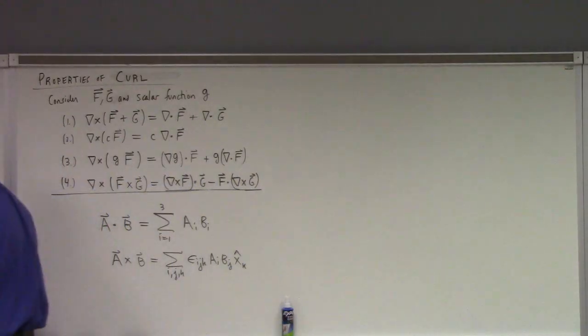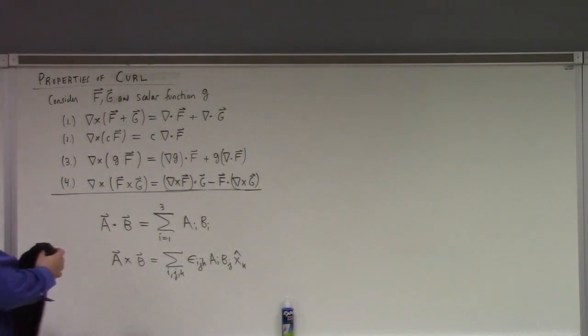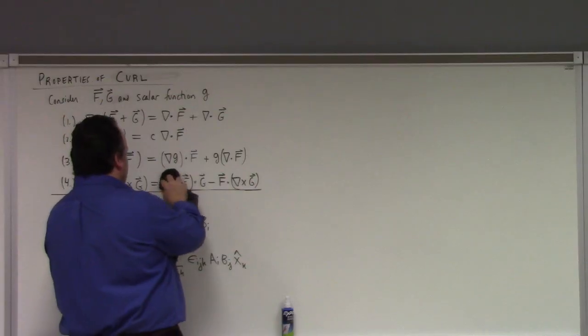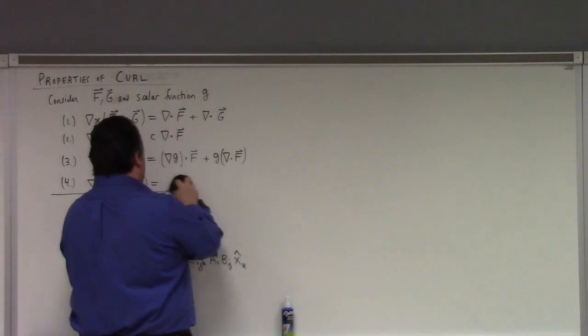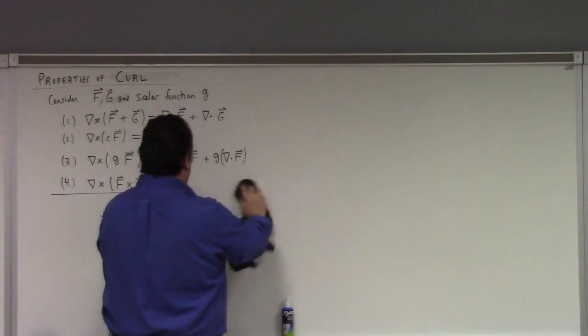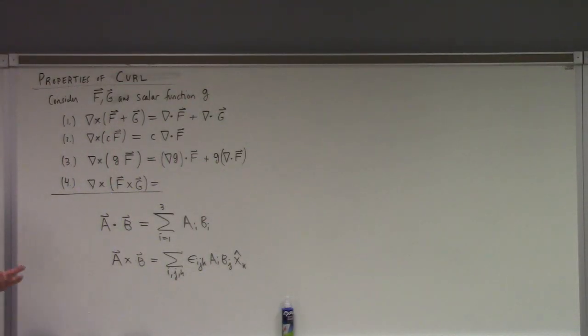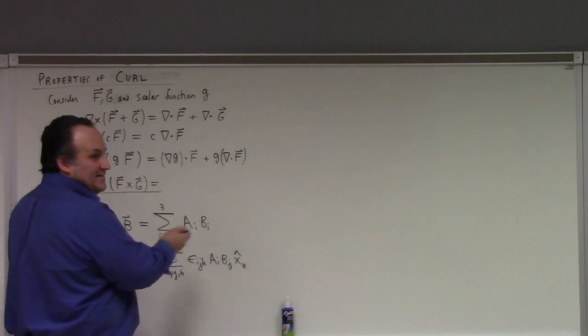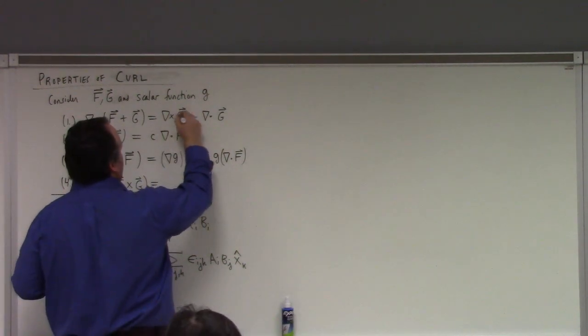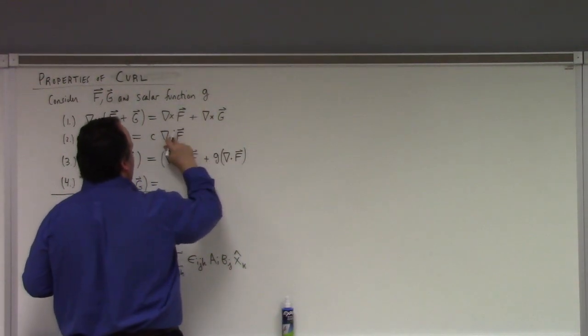So I'm relatively sure that you guys can figure out how to do numbers 1 and 2 here. What do you think the story is? It's just going to be the same thing, right? And we should be able to prove these pretty easily, I think.